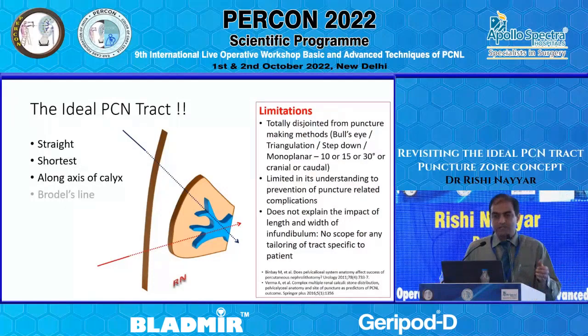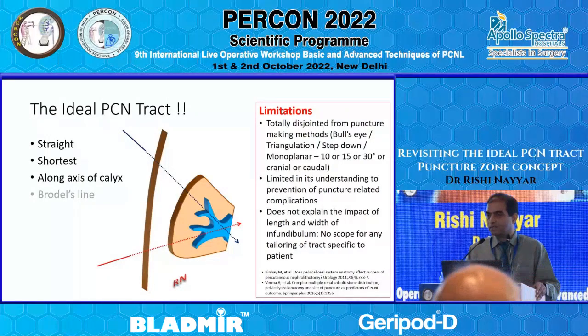So what are the limitations of the existing definition of an ideal PCNL tract? As I said, it is totally disjointed from the puncture making methods, be it the bullseye technique, triangulation technique, step down technique, or any monoplanar technique. The description of the ideal PCNL tract doesn't match how we actually do the puncture. Another limitation is that the definition of an ideal tract is limited in its understanding to the prevention of puncture related complications.